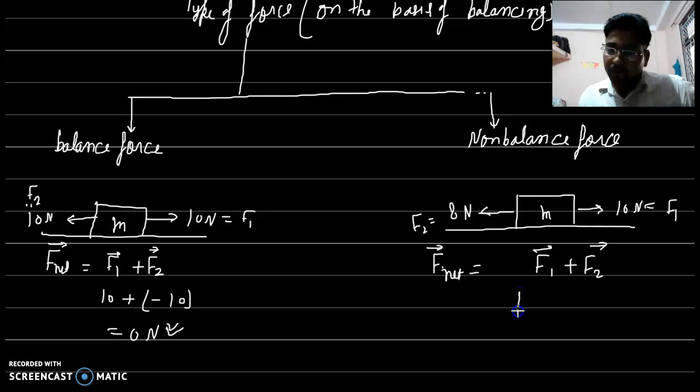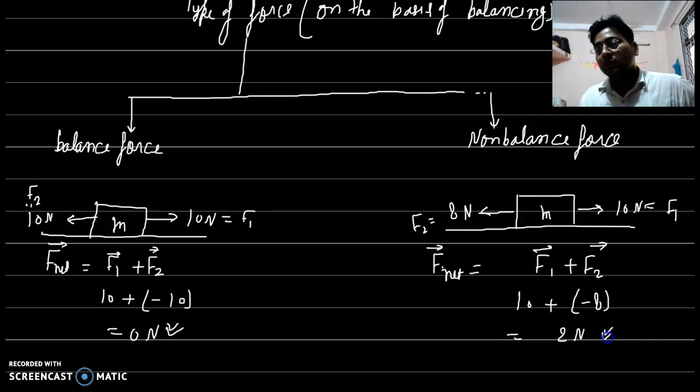Hence 10 plus in bracket minus 8 is equal to 2 Newton. Hence the net force on the body is not equal to 0. Then the body will be in the non-balancing force or non-equilibrium.